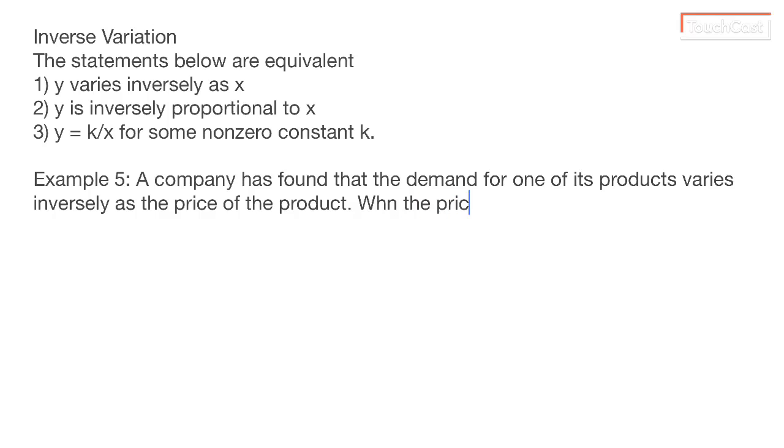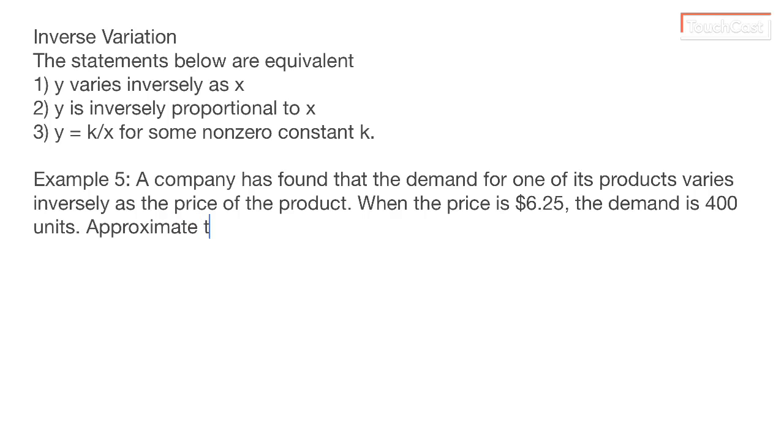When the price is $6.25, the demand is 400 units. We want to approximate the demand when the price is $5.75.